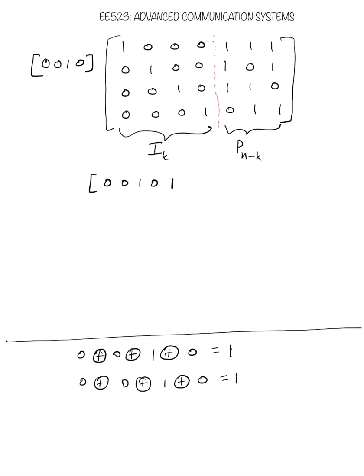So it's 0 plus 0 plus 1 plus 0, modulo 2 addition, so we get a 1. It's an odd number, therefore the corresponding bit is 1. Odd number means 1, even number means 0 in modulo 2 addition, right?